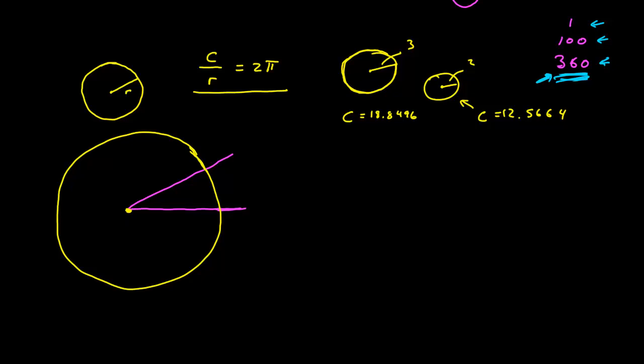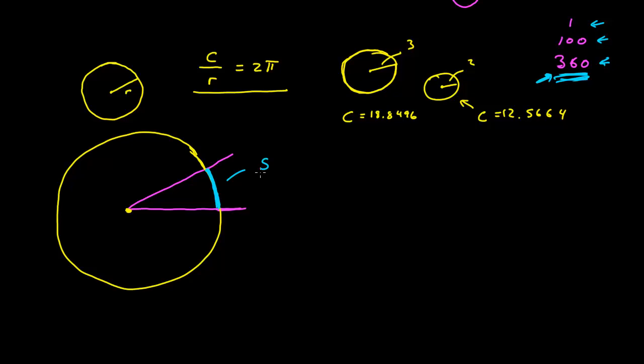Now we can look at what's called the arc length. The arc length is the amount of that circle subtended by these two lines. What I mean by subtended is the amount of the circle that's contained within those two lines. I represent the length of that line, called the arc length, by s.